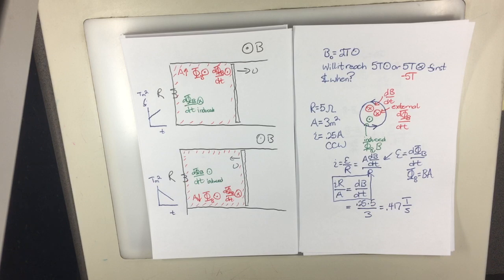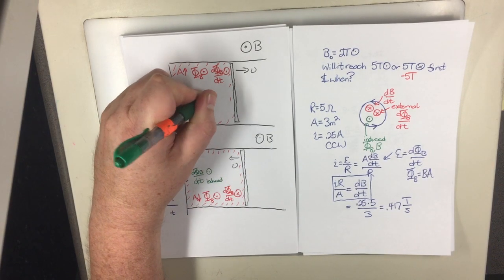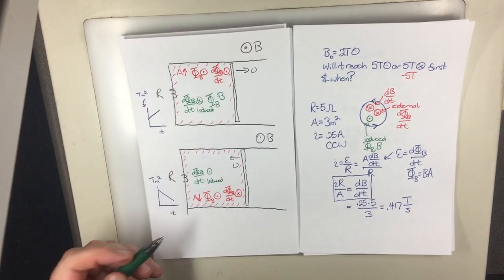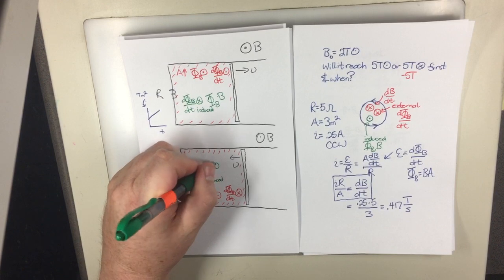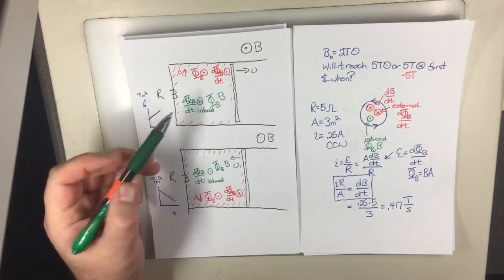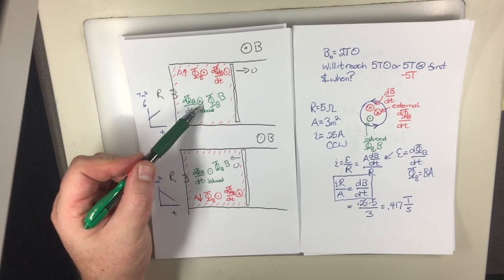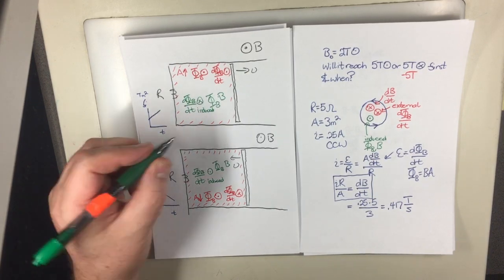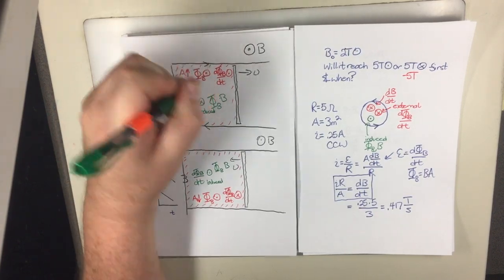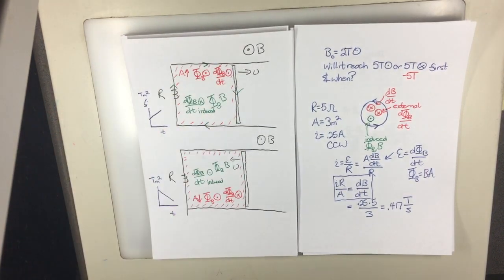The last part: what produces a magnetic flux or a change in magnetic flux that's going into the page, which means that my magnetic flux and B field have to go in as well. Into the page means that my induced current must be clockwise.